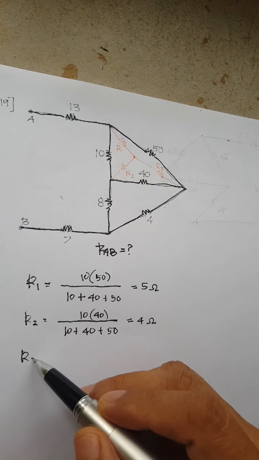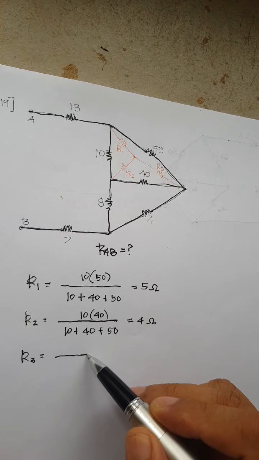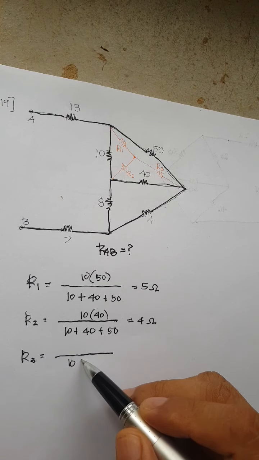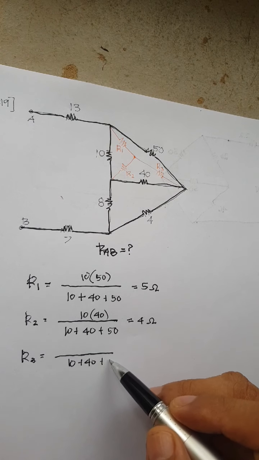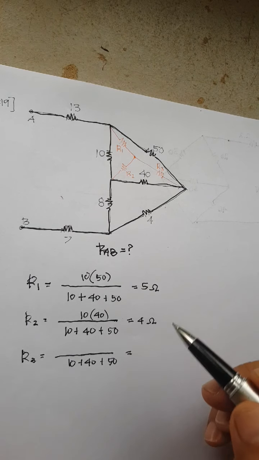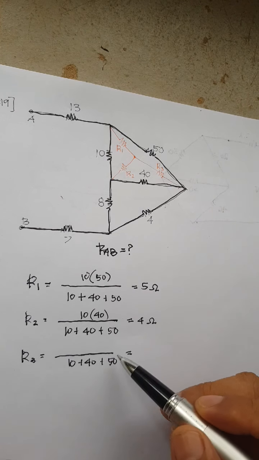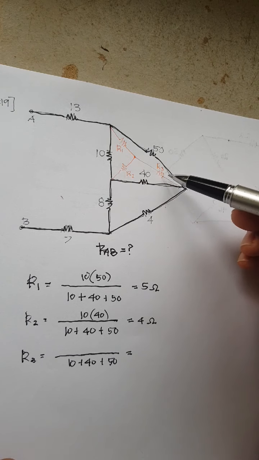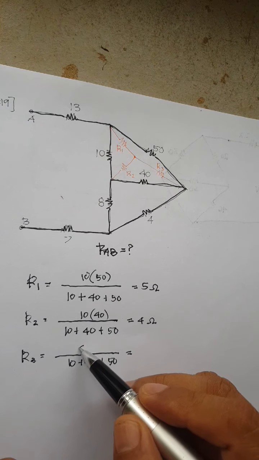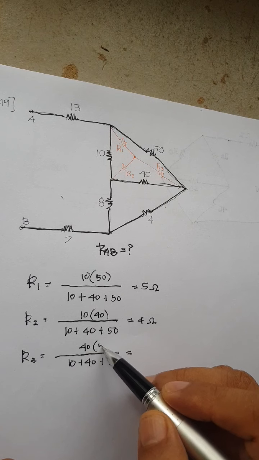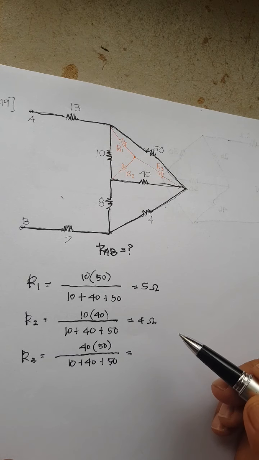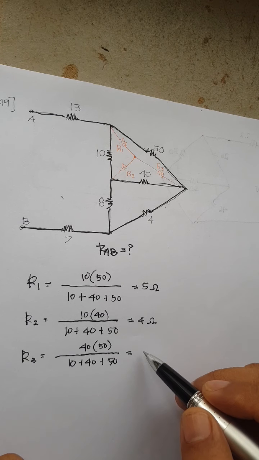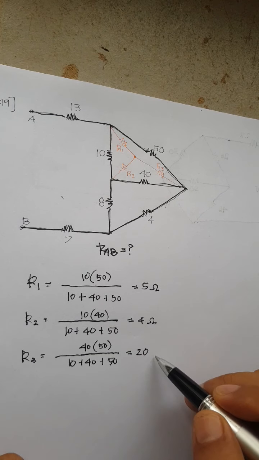And then we go now to R3. Just like the other two, its denominator is still 10 plus 40 plus 50. And on the numerator, what are the resistors that enclose R3? That is 40 and 50. So 40 times 50, and this is 2000. So 2000 divided by 100 is 20 ohms.